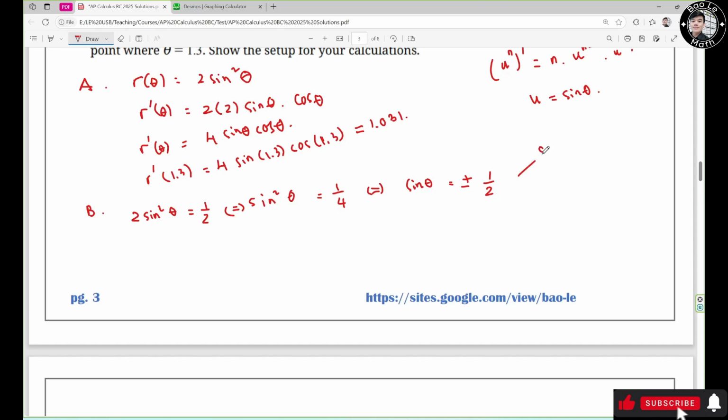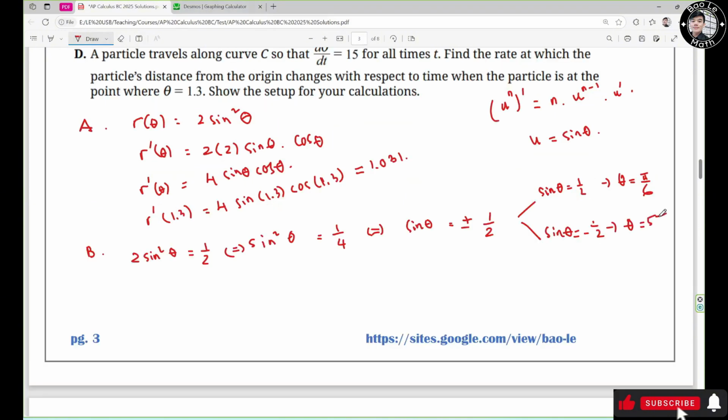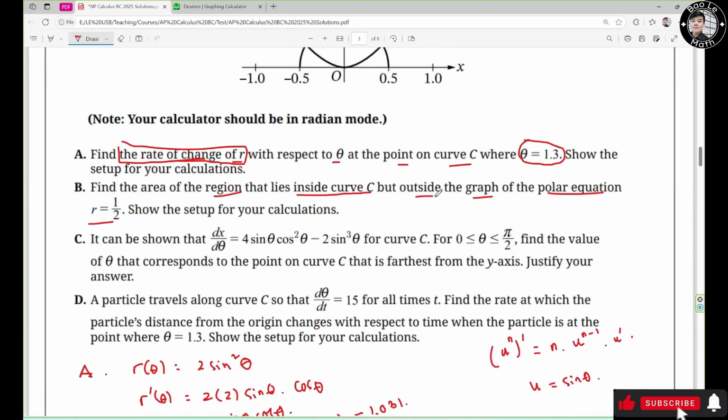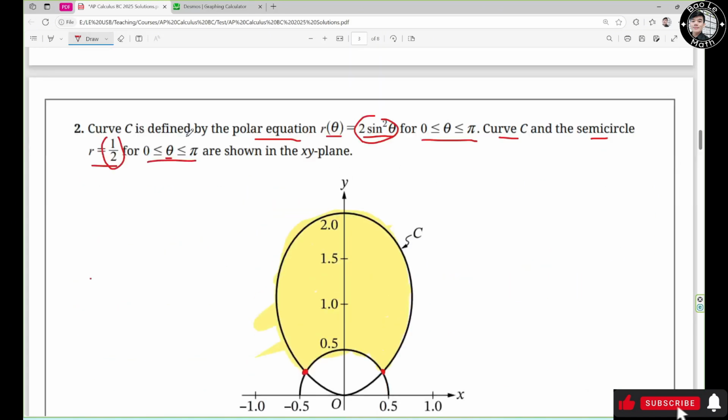So you have sine theta equals 1/2 and sine theta equals negative 1/2. For this one, theta equals pi over 6, and for this one, theta equals 5 pi over 6, right? That's it, because the domain is within 0 to pi, right?